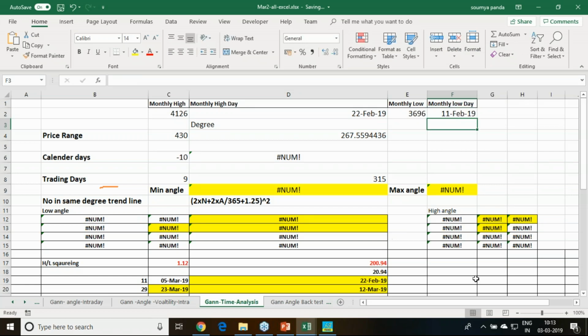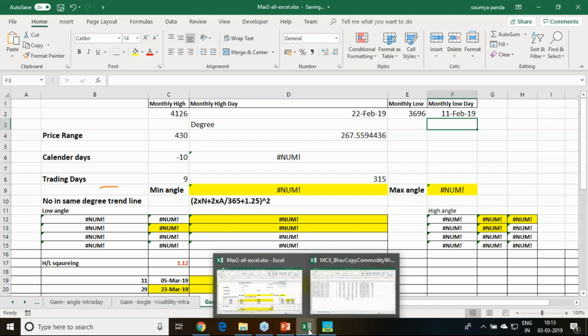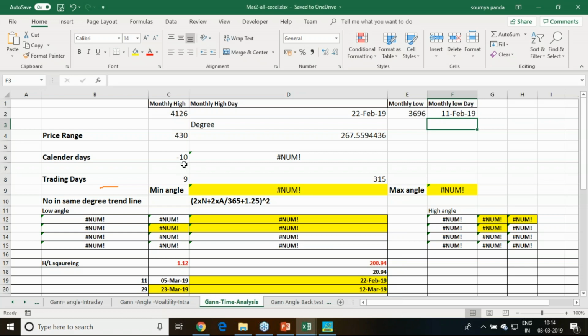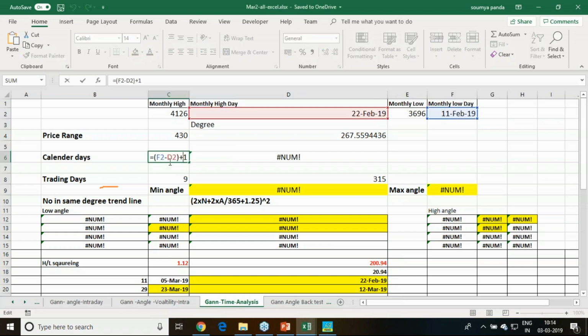So here we need to take calendar days. You should take the mod function, so it should not be negative. Here also, high and low, see this very carefully.